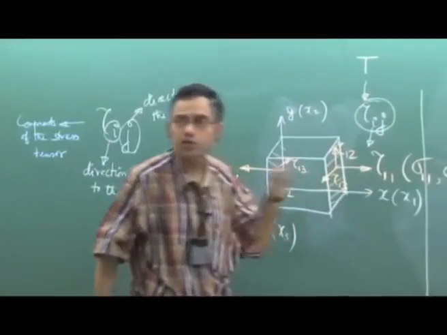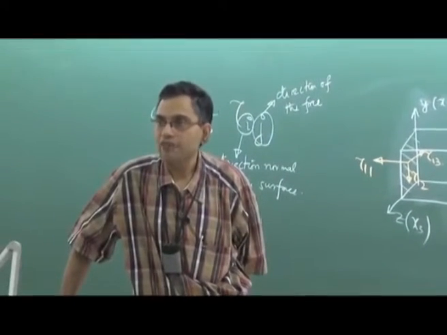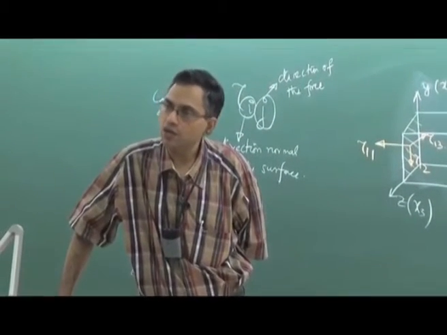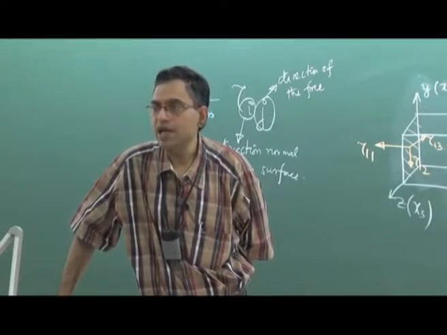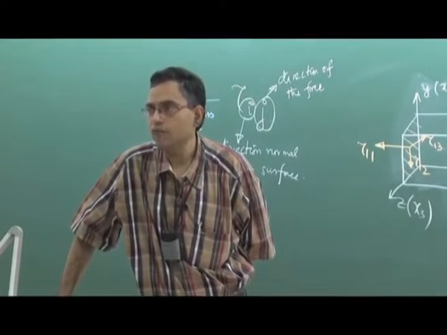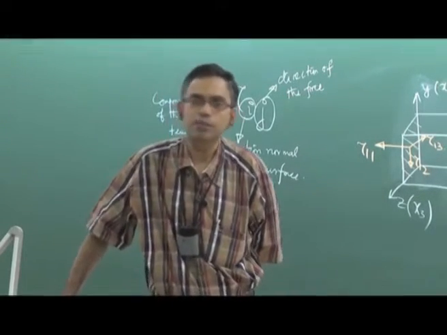Now, this tau ij notation we can use for those surfaces which have normal either along x or along y or along z. But in reality, any arbitrary surface will not have normal along x or along y or along z. So, how will we represent that?